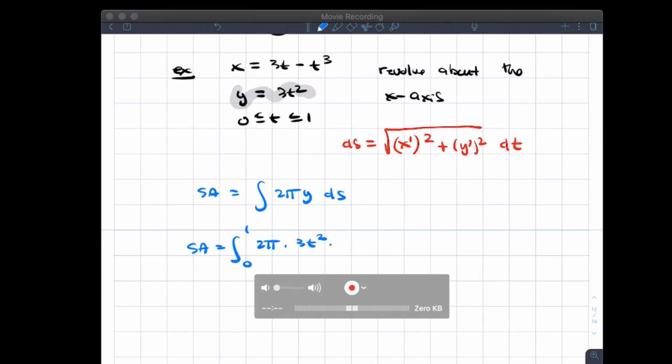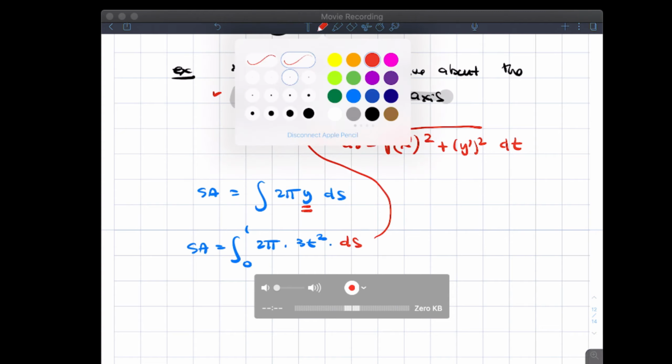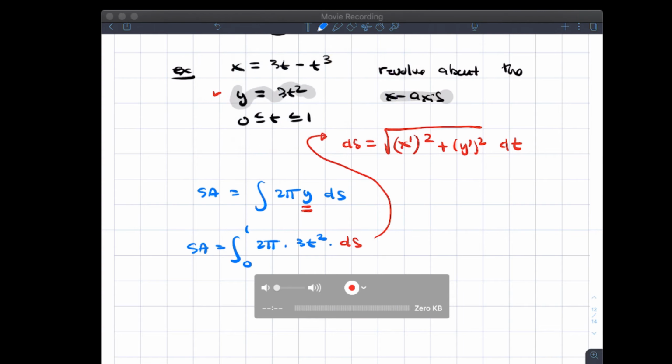I just need to know now what is our ds. And that's where the ds formula comes in here. So I want to say when you're rotating here about the x-axis, the radius value will be y. And the y is here. So the real work, as you guys can see so far, is finding ds.